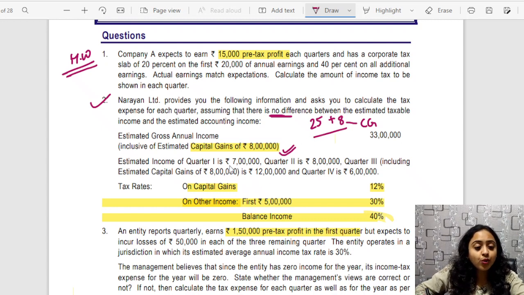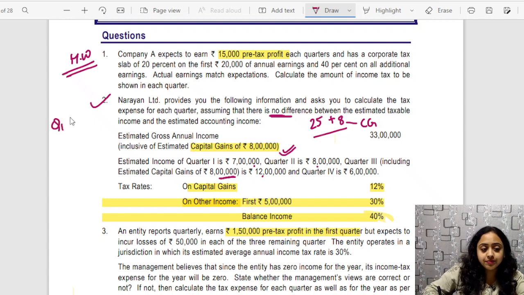Estimated income for quarter 1 is 7 lakh. Quarter 2 is 8 lakh. Quarter 3 is 12 lakh, which includes 8 lakh. Okay, so you have quarter 1 7 lakh, quarter 2 8 lakh, and quarter 3 you have two incomes, that is 8 lakh plus 4 lakh.